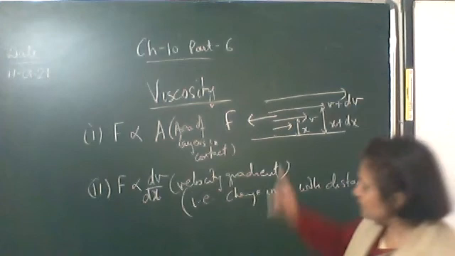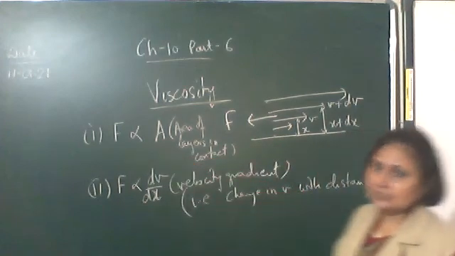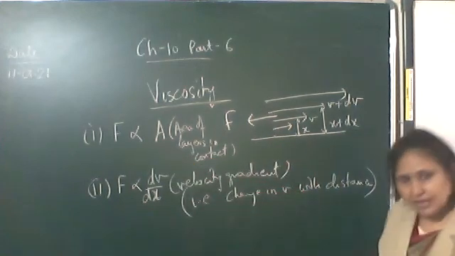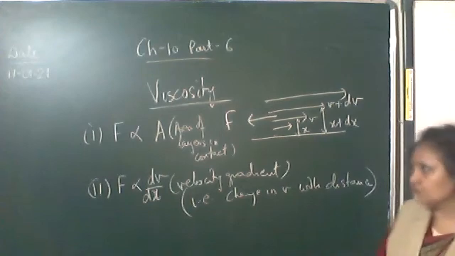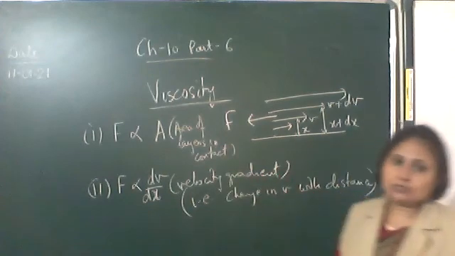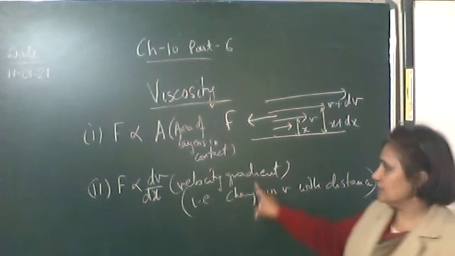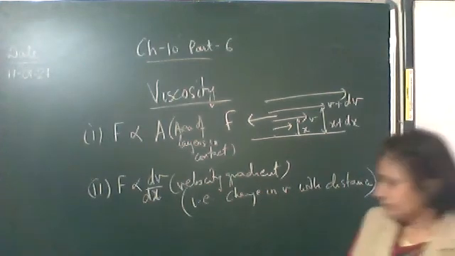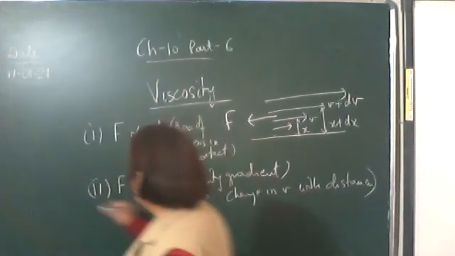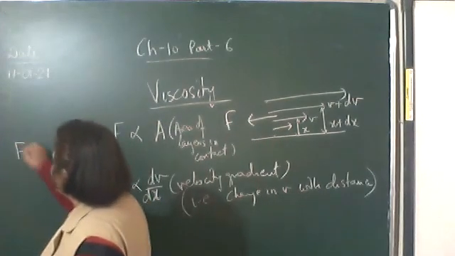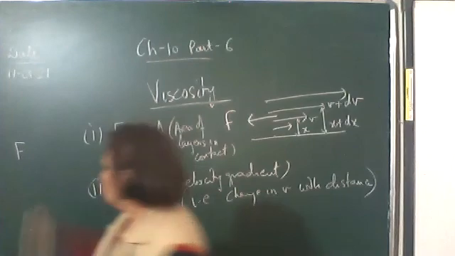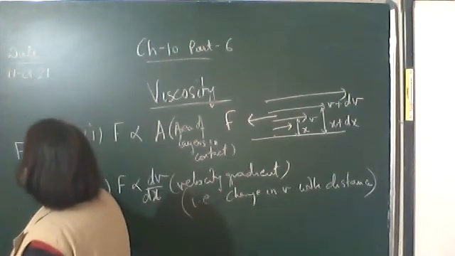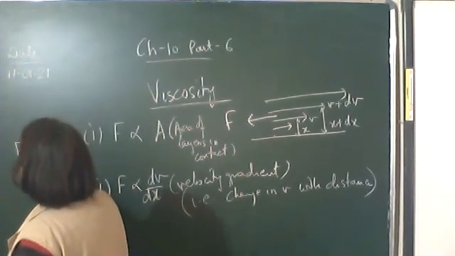So it is experimentally found that the opposing force, the backward dragging force, the viscous force, is directly proportional to the area of the layers in contact, and also directly proportional to the velocity gradient. Now let us combine these two: proportional to A into dv by dx.